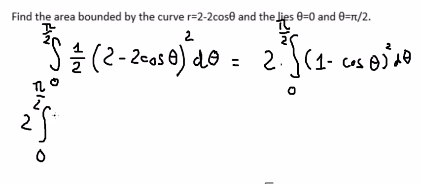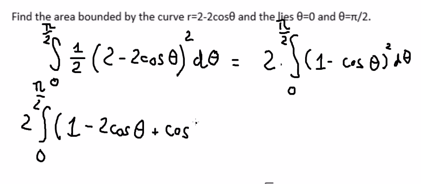So we got about 1 minus 2 cosine theta plus cosine theta square.